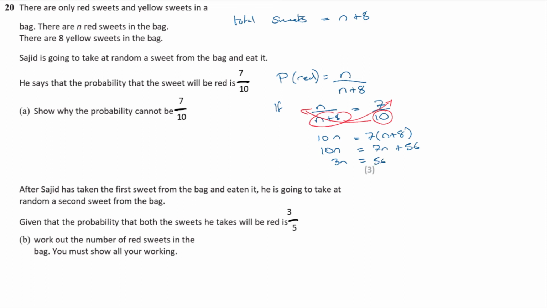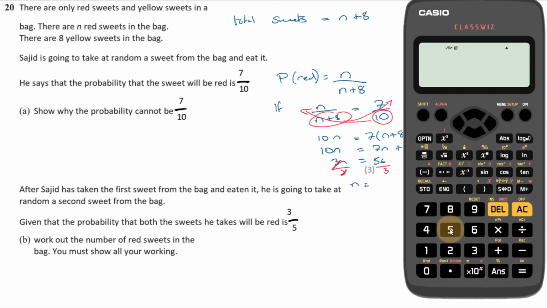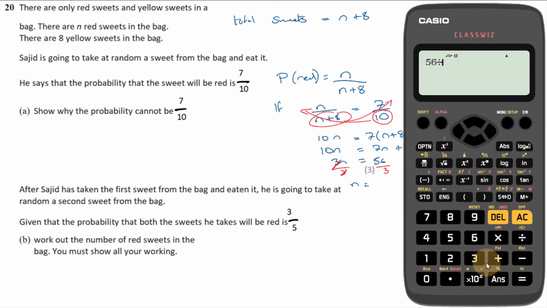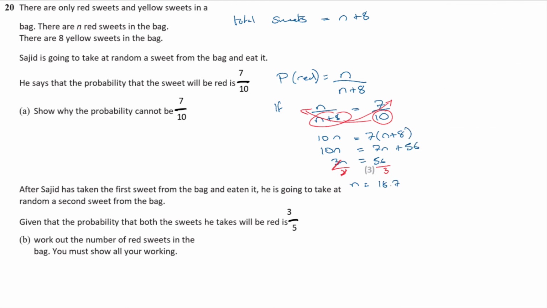So to find n, we need to divide both sides by 3. That would cancel, and that will leave you with n is equal to what? What's 56 divided by 3? That comes out to be 18.6 recurring, so that's 18.7 sweets.